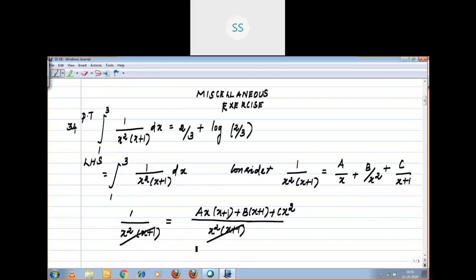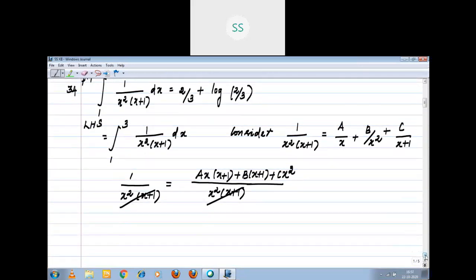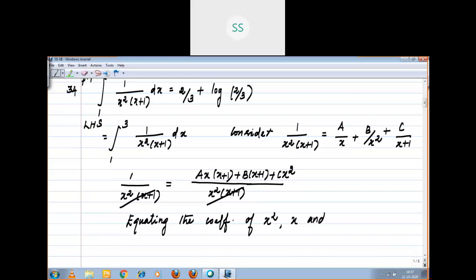Now, we are going to equate the coefficient of x square, x and constant terms on both sides. Coefficient of x square: what is there in the left side?